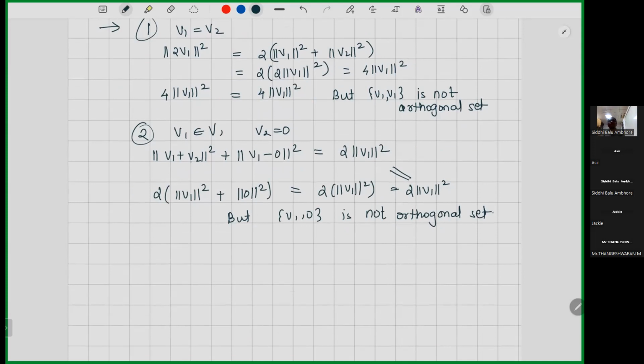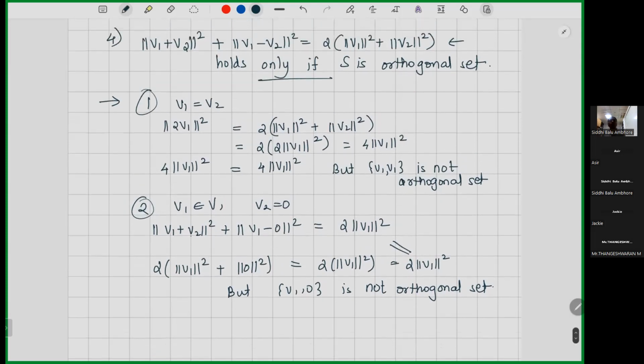Any doubts? So the moral is that for this identity to hold, S need not be an orthogonal set.